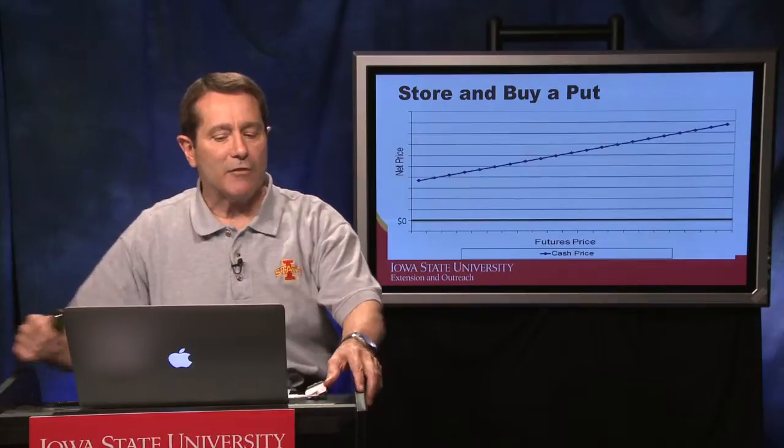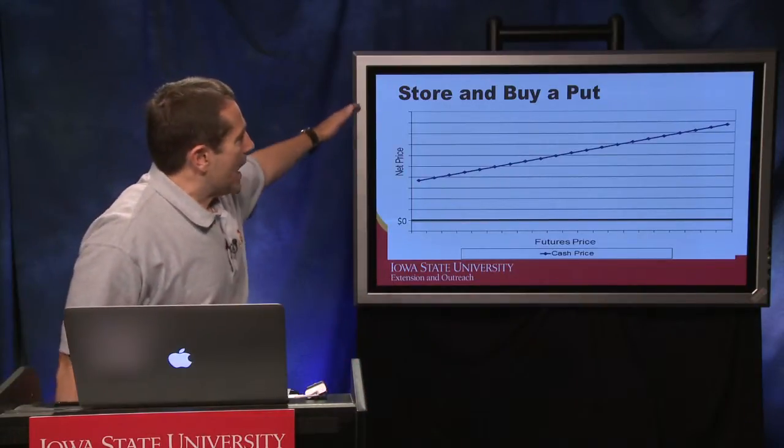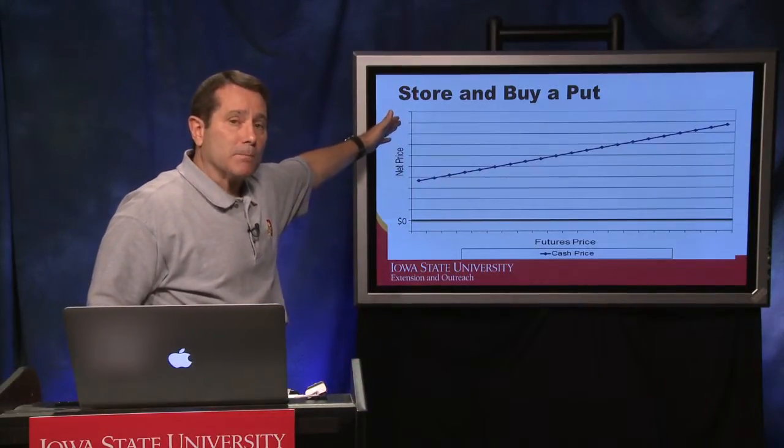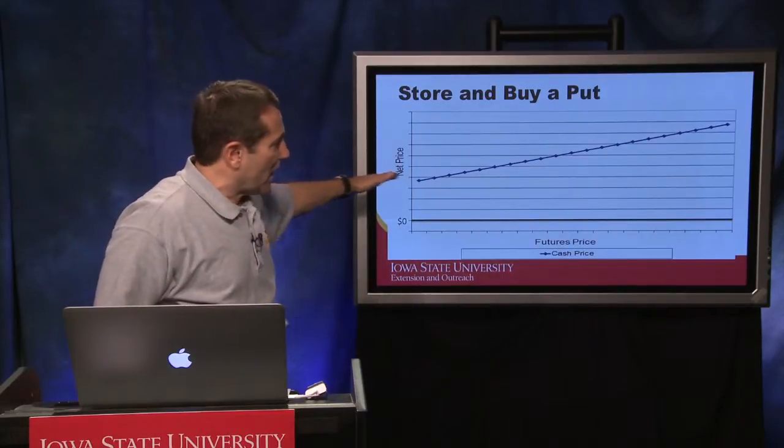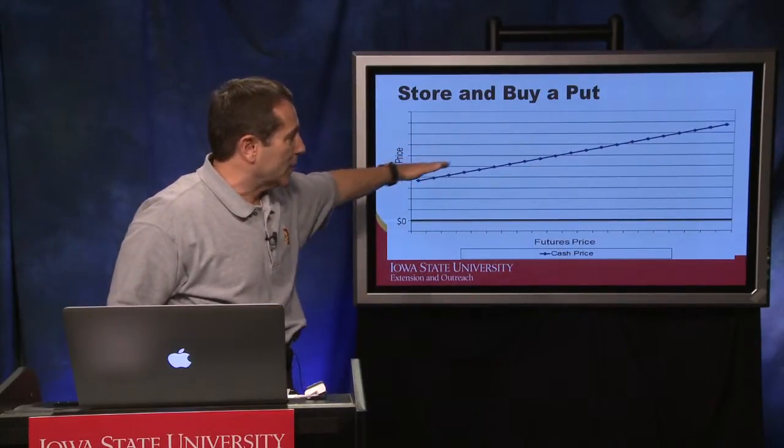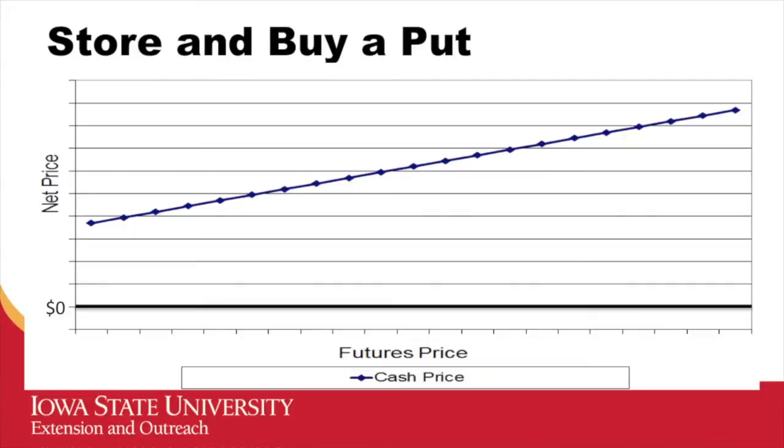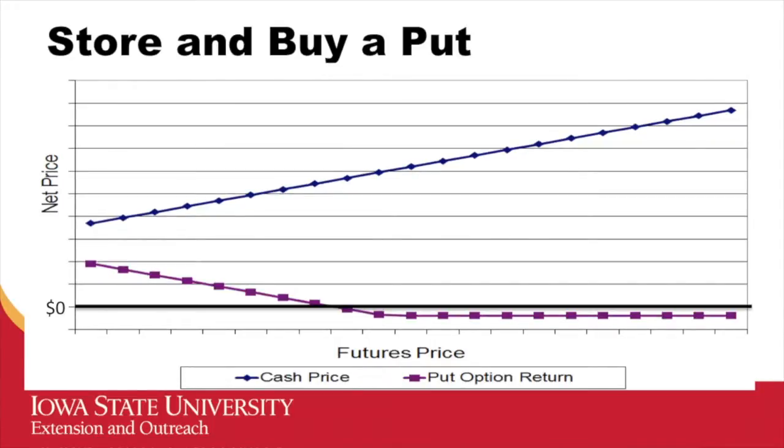Let's use this graphic to store and buy a put option. Since we don't know the cash price, we haven't sold the cash bushels, we'll leave this cash price open. But we'll protect the futures price by buying a put option, designating a contract month and a strike price.